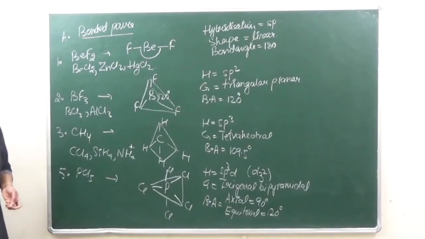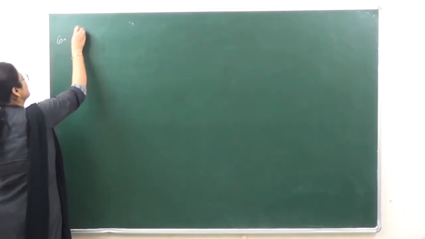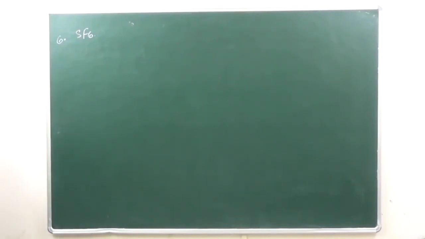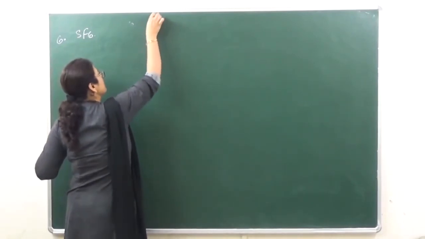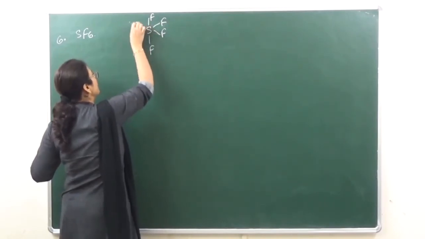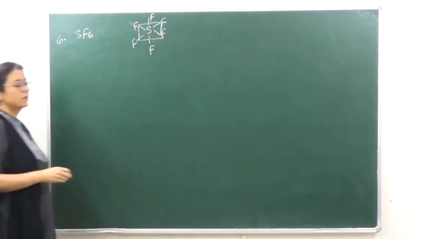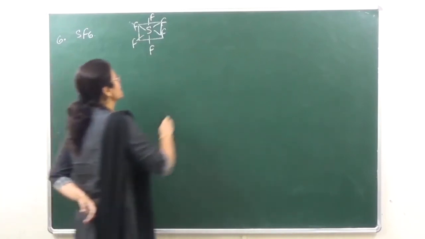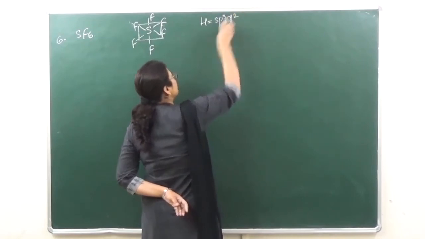Then the sixth one is SF6. SF6 has an octahedral shape. So we have this is SF6. Hybridization in this case is sp3d2.